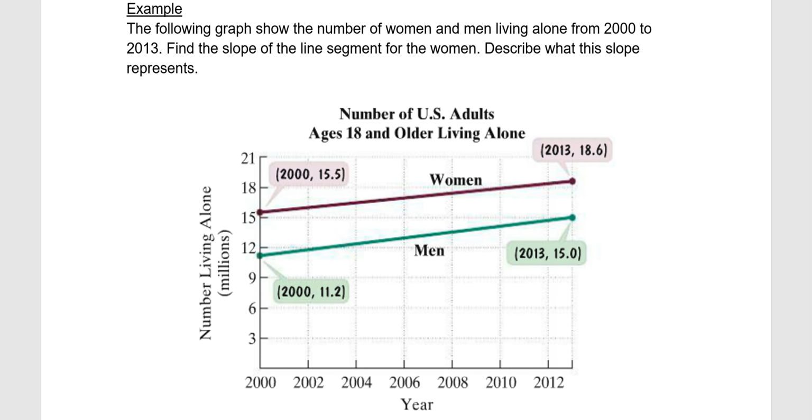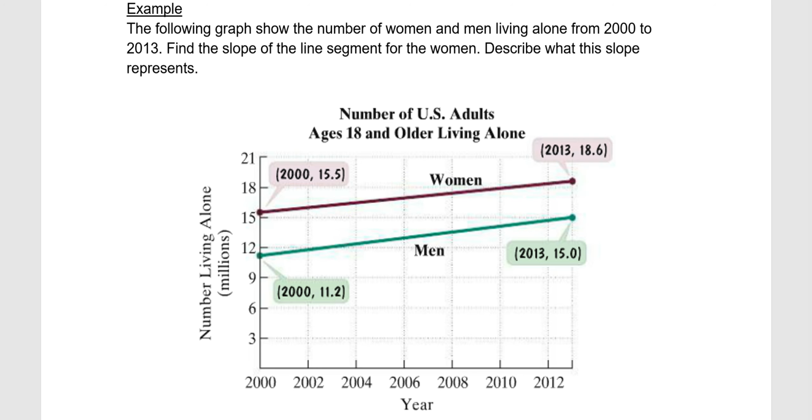This graph shows the number of women and men living alone from 2000 to 2013. For our question here, we want to find the slope of the line segment for women, and we want to describe what the slope represents. So we're only doing it for the women one, so we're looking at this line right here.